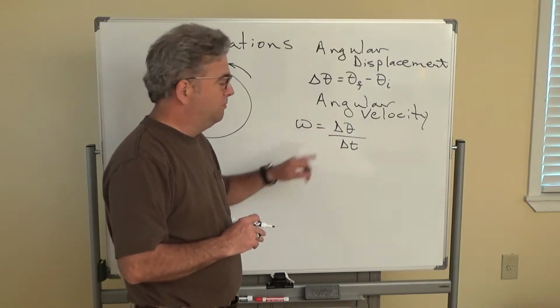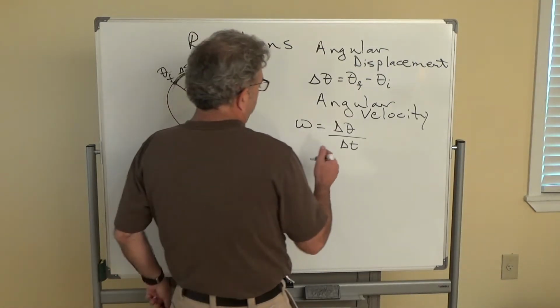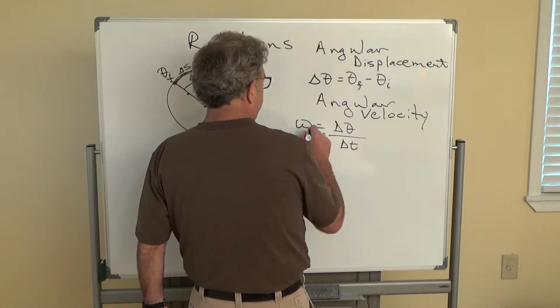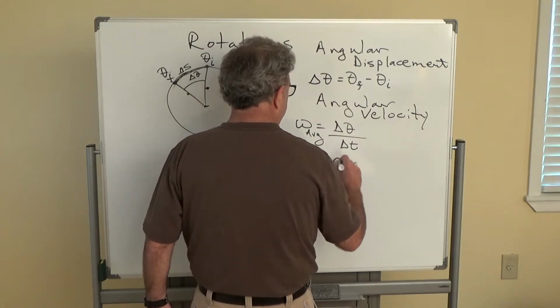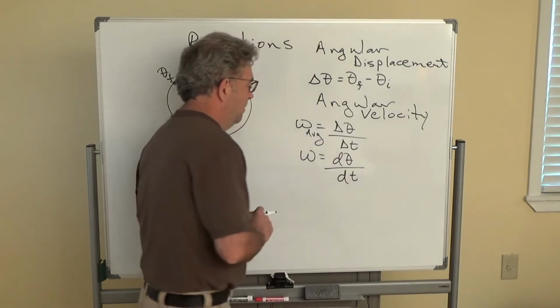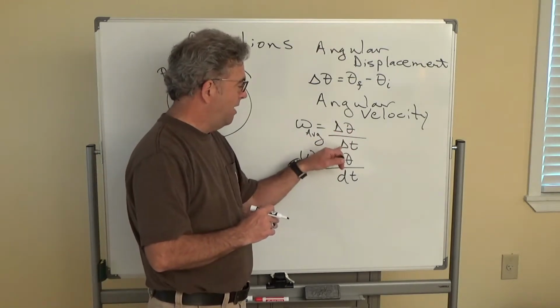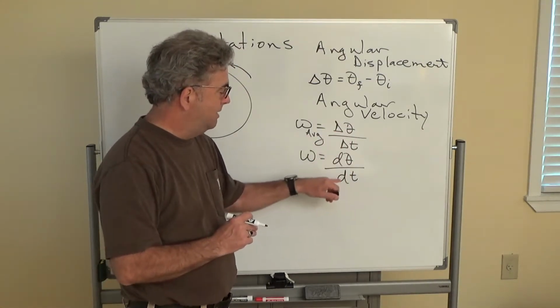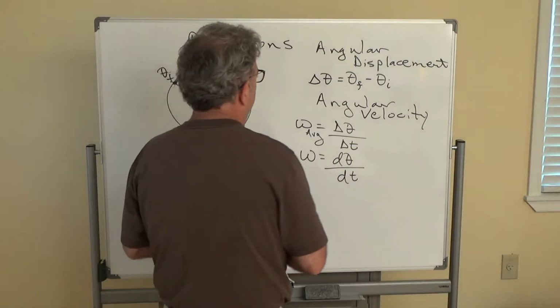It's the rate of change of angle. The instantaneous, just like always, is d theta dt. Just like we had with x, that was delta x divided by delta t and dx dt. Now it's theta.